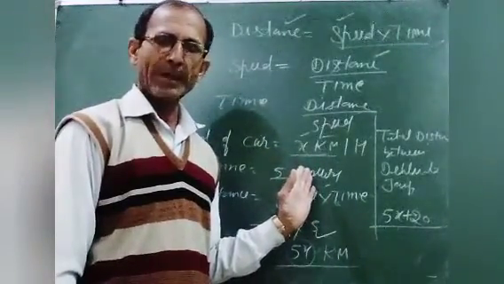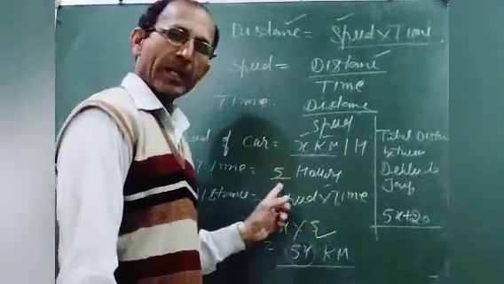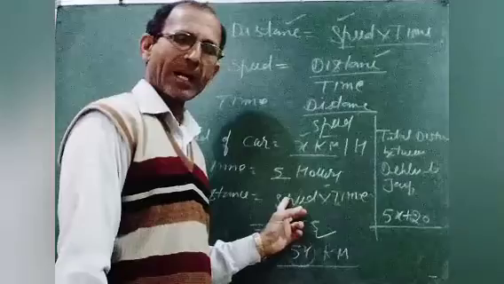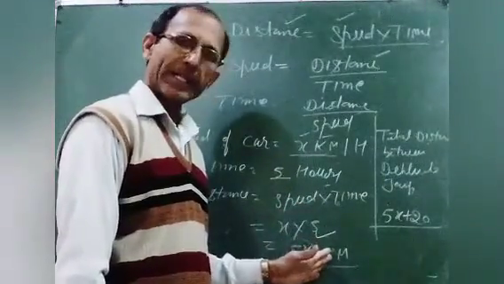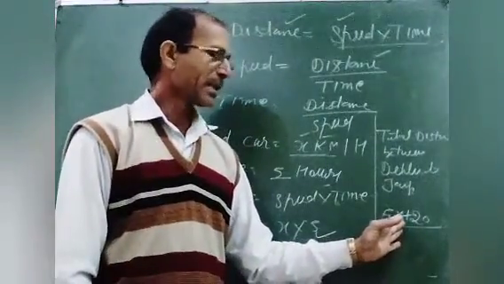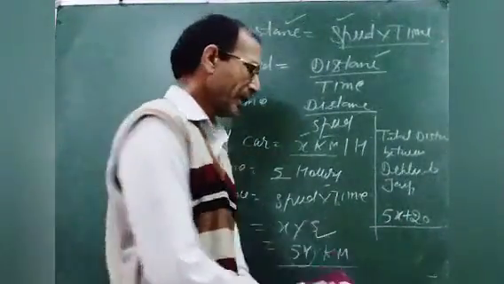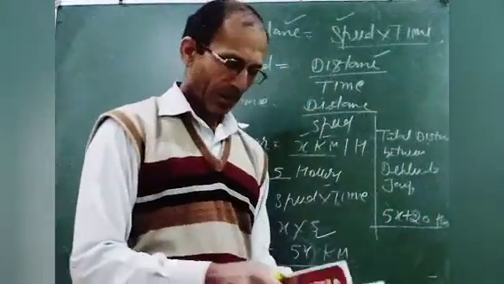At 1 p.m. she observes now 20 kilometer distance is left. So in 5 hours she covers how much distance? 5x kilometer and 20 is left. So total distance between Delhi to Jaipur is 5x plus 20 kilometer. So this is the answer. Is it clear? Okay.